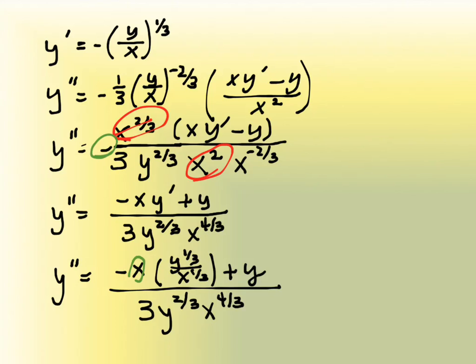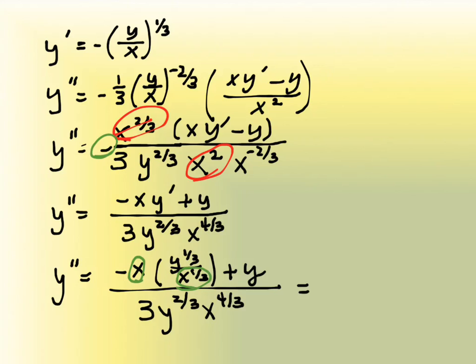This x and this x to the 1/3, those simplify, right? You guys with me? The x that's out in front and the x to the 1/3 that's in the denominator of the numerator, those simplify.